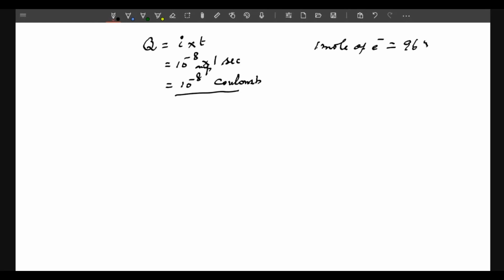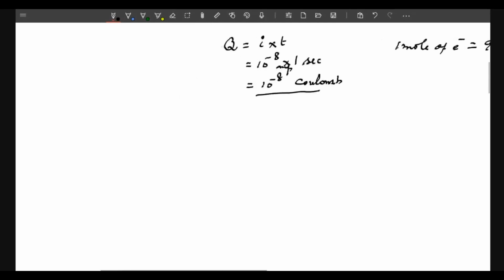Then the quantity of electricity is 96,500 coulombs. Or reverse this: if 96,500 coulombs of current is passed, the number of electrons passed is 1 mole of electrons, 6.023 into 10 power 23. Here the mole of electrons is not asked, the number of electrons is asked.